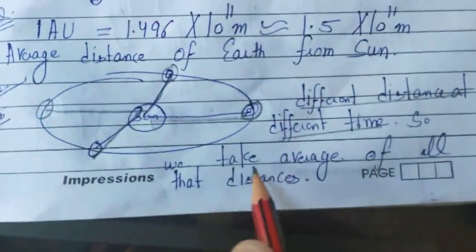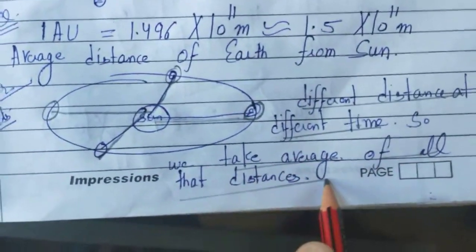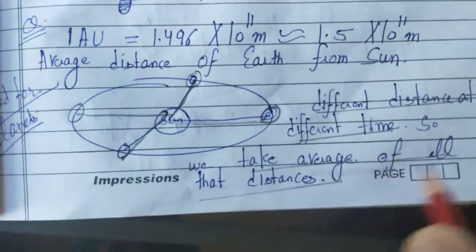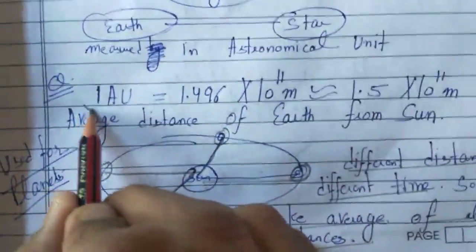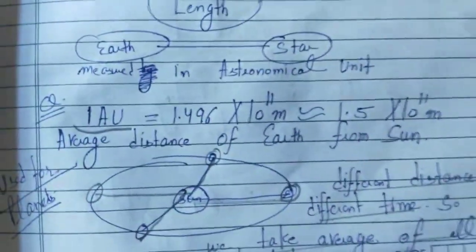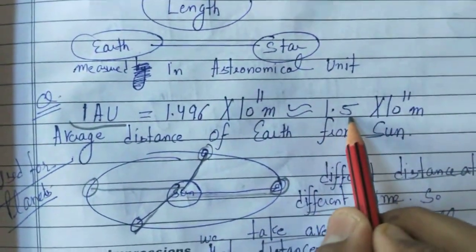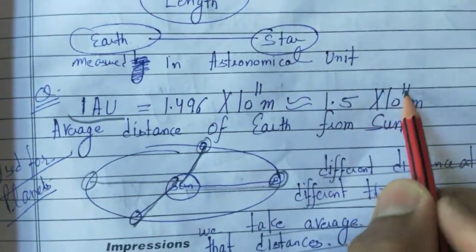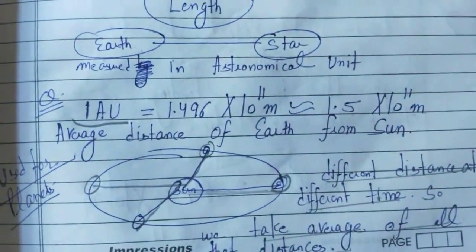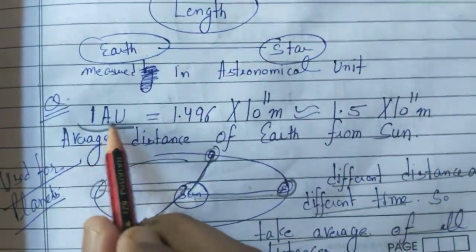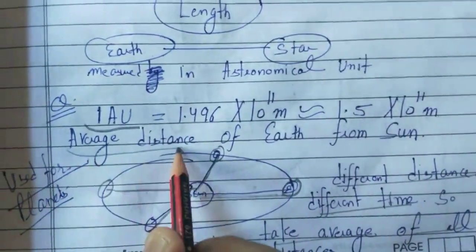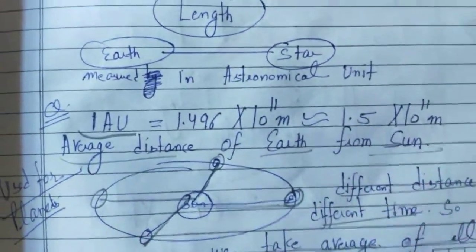So we take the average of all those distances, and the average of all those distances is known as one astronomical unit. What is the value of one astronomical unit? 1.5 into 10 to the power 11 meter. What is this astronomical unit? It gives the average distance of Earth from the Sun.